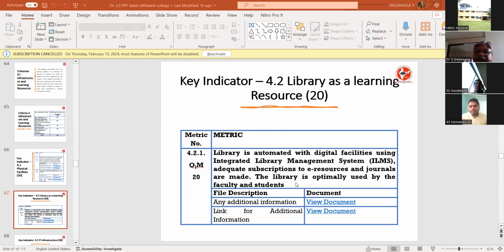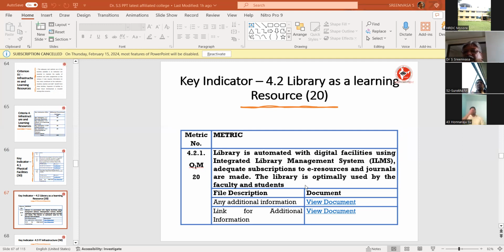What are the facilities available in the library? Whether you have different collections, rare books, and what is the digitalization, to what extent digitalization has occurred, and whether your students are able to access the library remotely using their mobile.